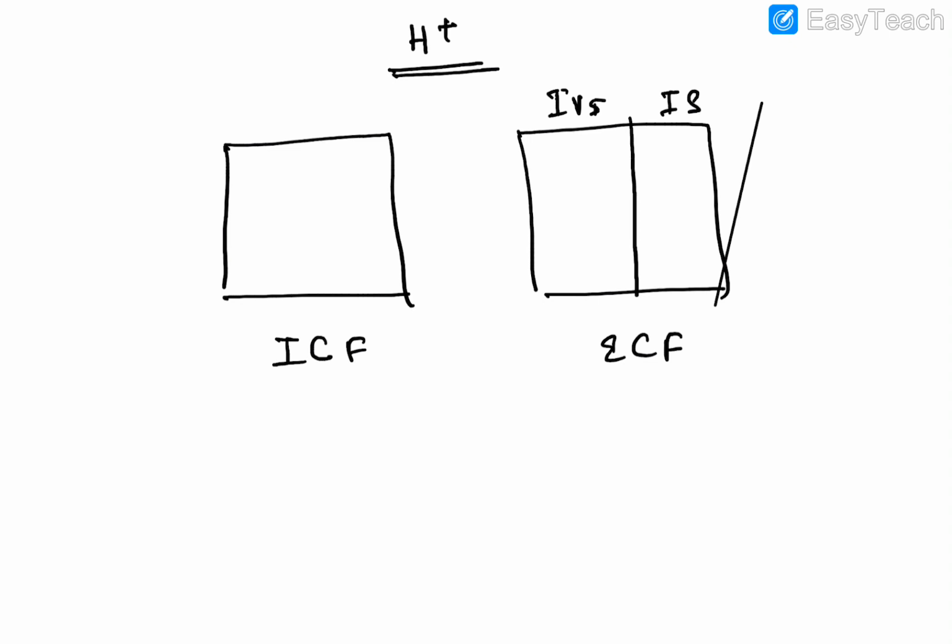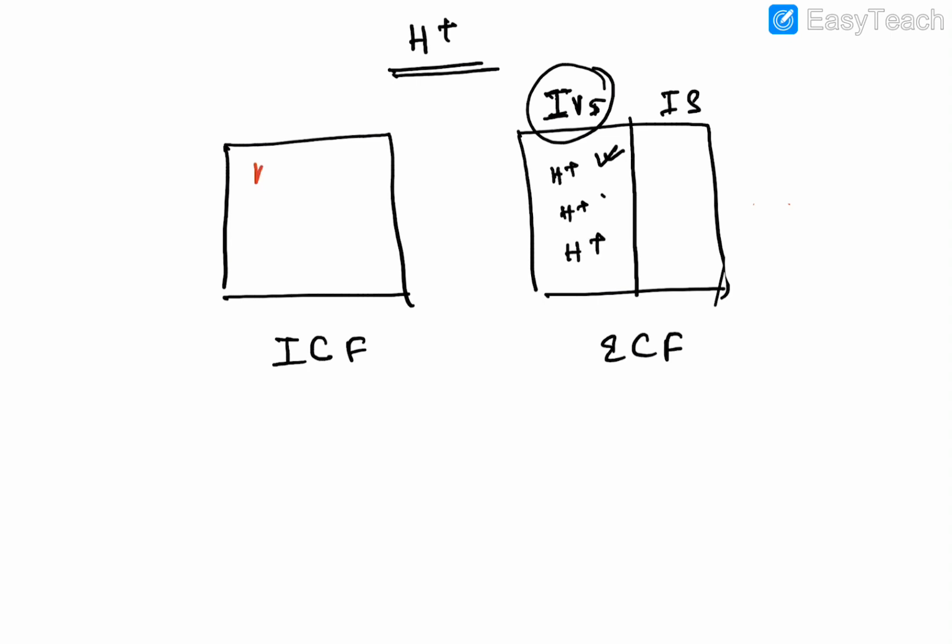We cannot measure the amount of substrates in the interstitial space, but we can definitely measure the amount of cations and anions in the intravascular space. In fact, the serum levels of electrolytes which we measure are actually the levels inside the intravascular space. So, in diabetic ketoacidosis, there is an increase in level of H plus in the intravascular space.